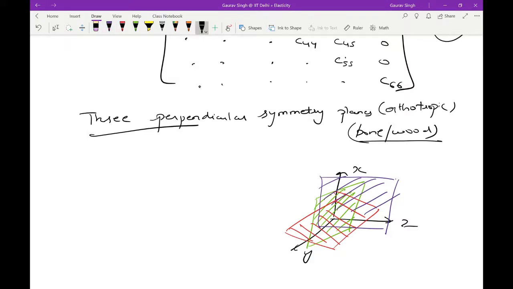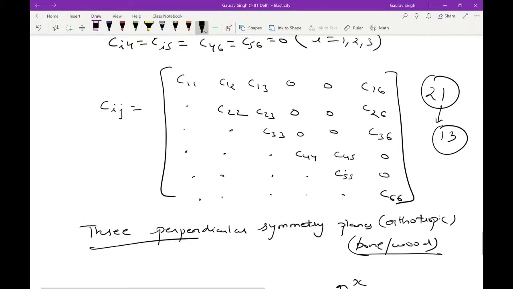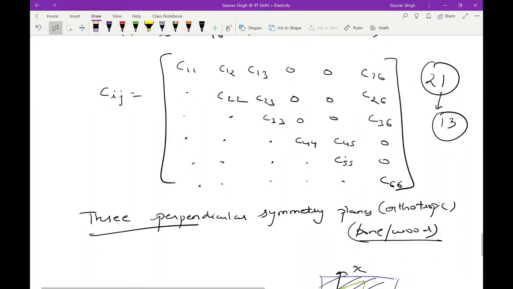So how do we further reduce this? What we have already done, if you notice, is that we have already taken the xy plane as the plane of symmetry and then seen what happens to the elasticity tensor.